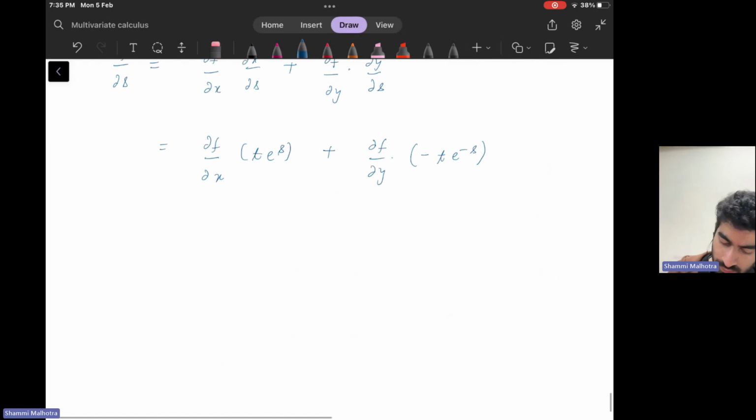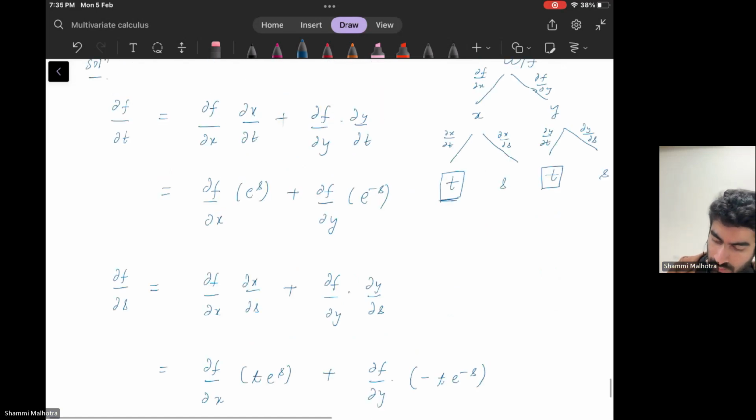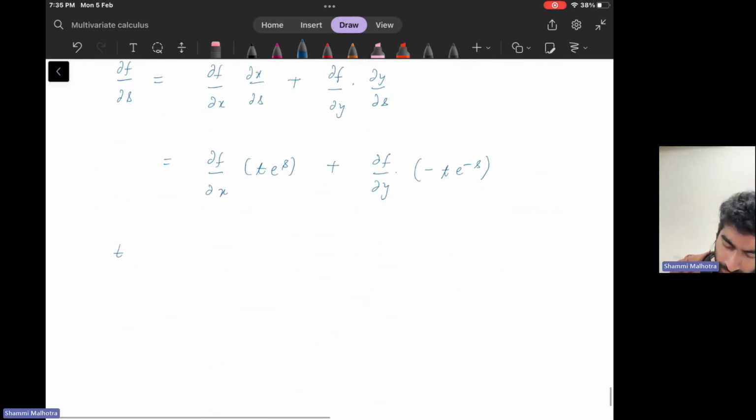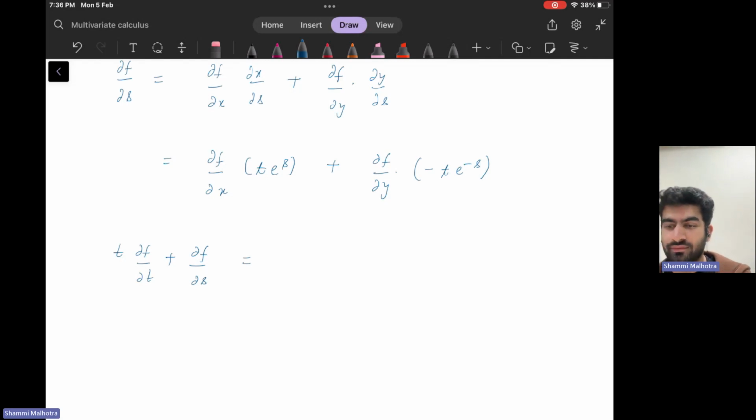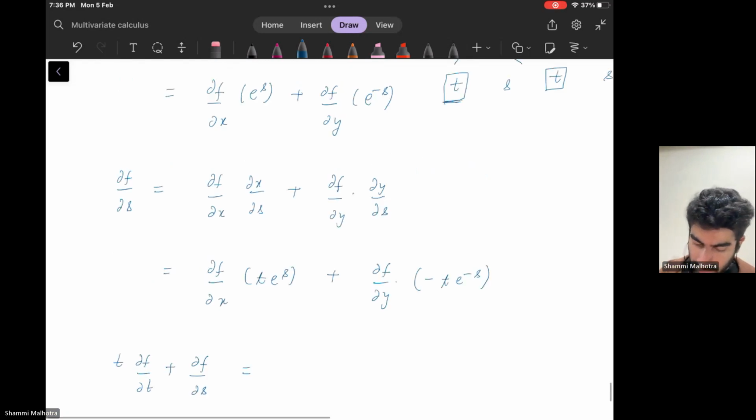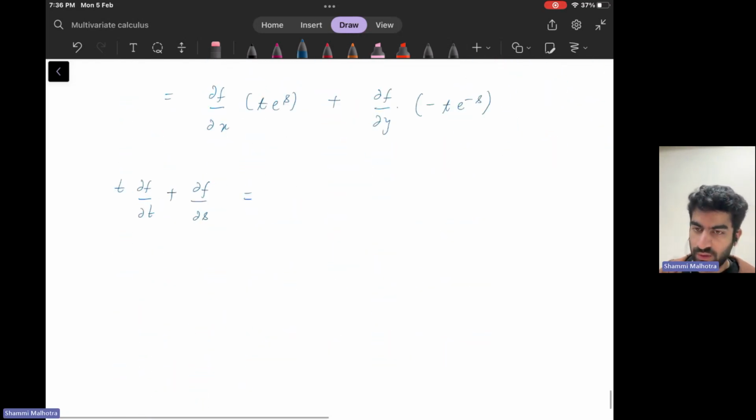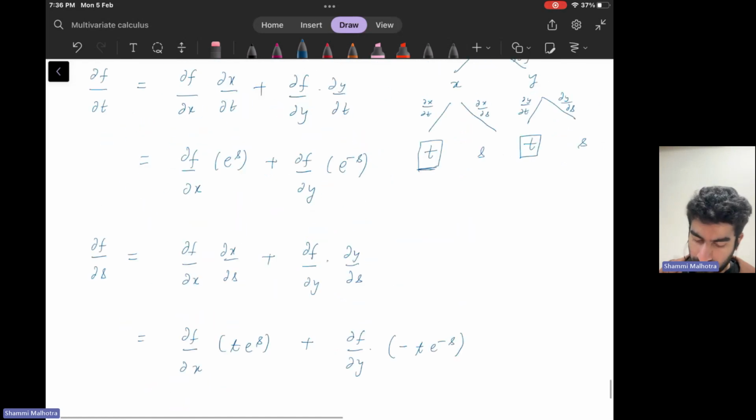Finally, I would like to find t del f by del t minus del f by del s. So I have calculated these values and I have just to plug them in.